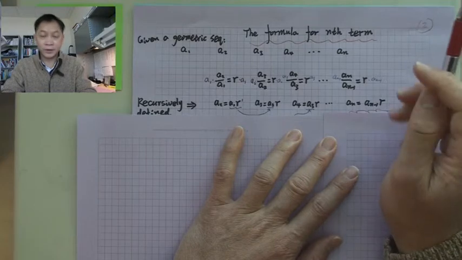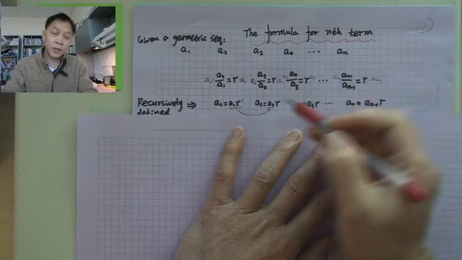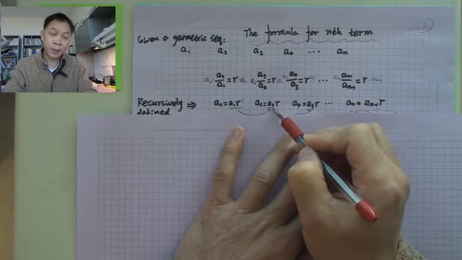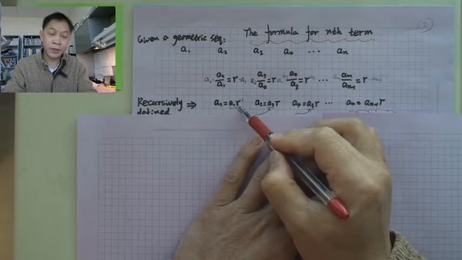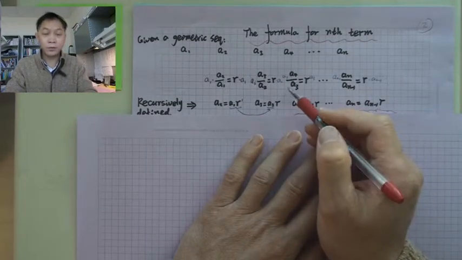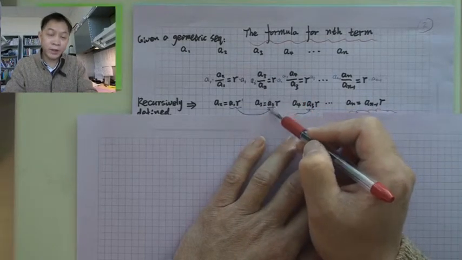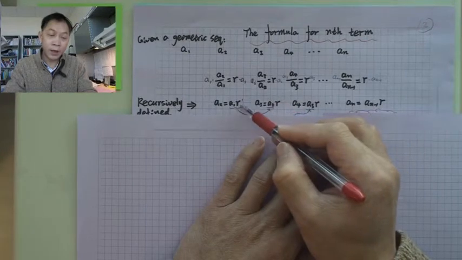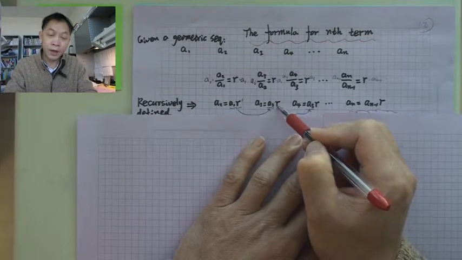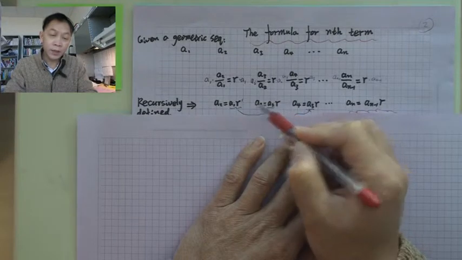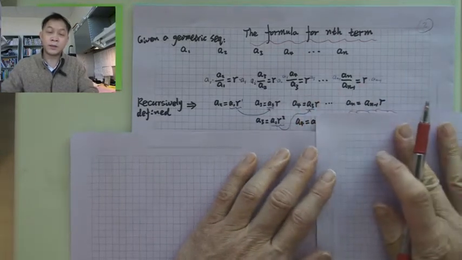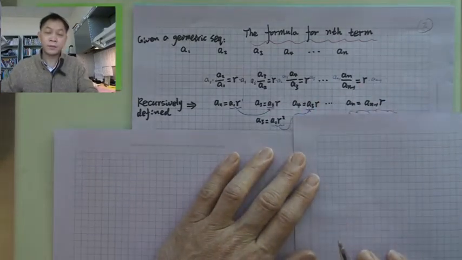Now, we need the general formula for the nth term. How are we going to do it? Here is A2, the one I marked, and here is A2 too, because A2 equals that. So if you replace A2 by A1 R, there is another R. So that's R times A1 R, which is A3.